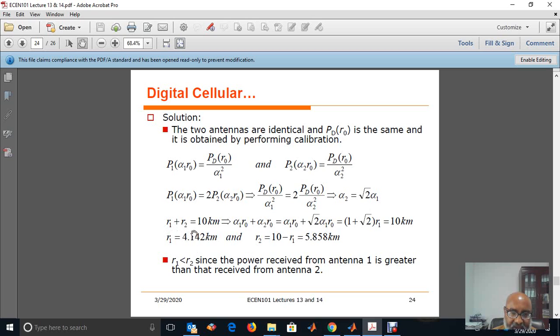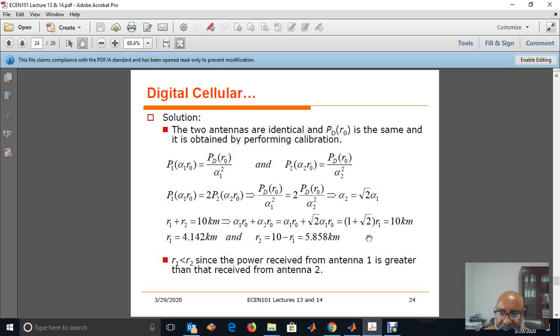But we know that R1 plus R2 is equal to 10 kilometers. R1 is alpha 1 times R0, and R2 is alpha 2 times R0. So alpha 1 times R0 plus the square root of 2 times alpha 1 times R0, because alpha 2 is the square root of 2 times alpha 1, is equal to (1 plus radical 2) times R1, since alpha 1 times R0 is R1.